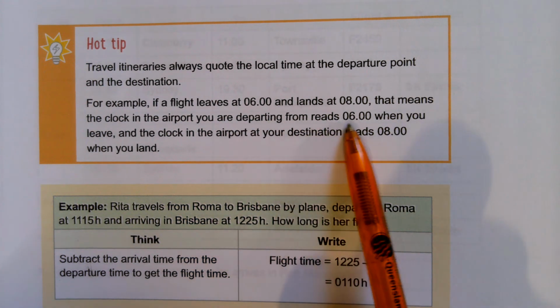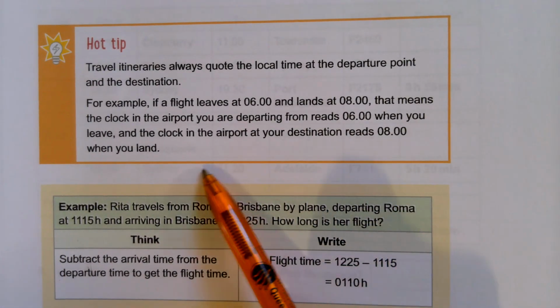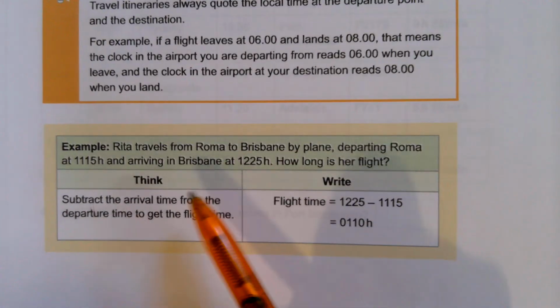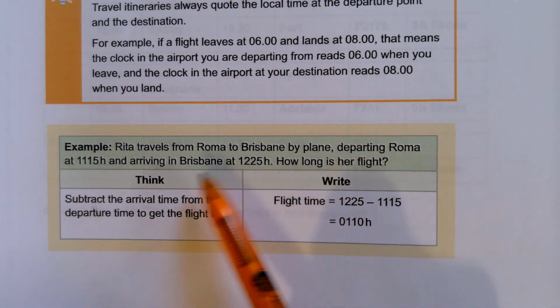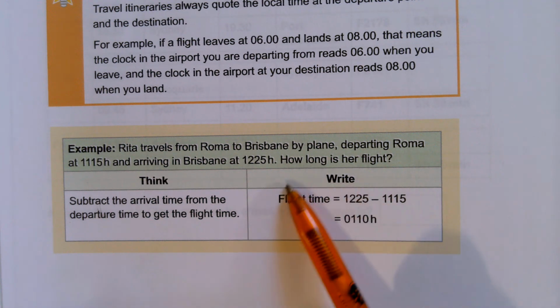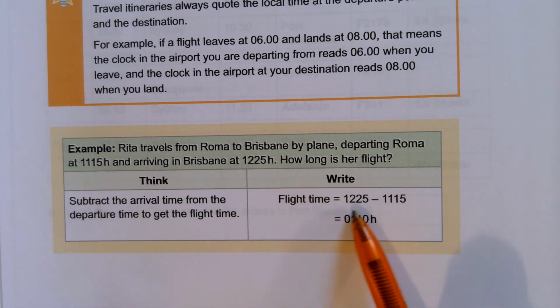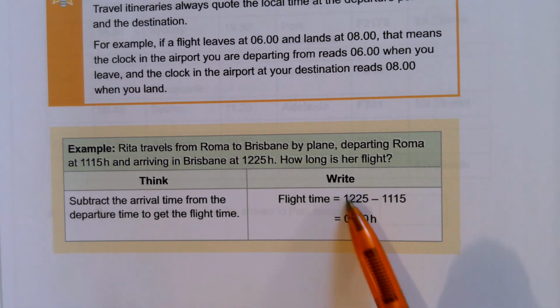So at the airport, it's 600 hours when you leave, and when you get there, it's 800 hours when you land. Depends on where you're going. If you're going from Roma to Brisbane by plane, it won't matter much, will it? You can just subtract. Okay, so that's the amount of time her flight is. The larger number first, subtract the smaller number, and write that down.